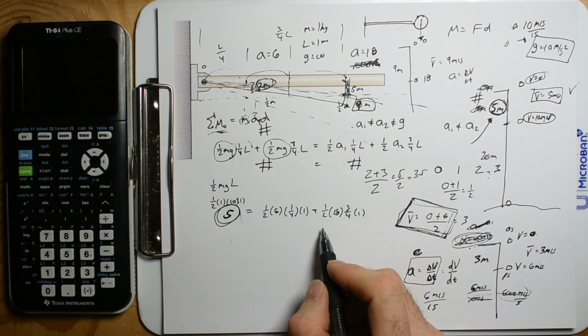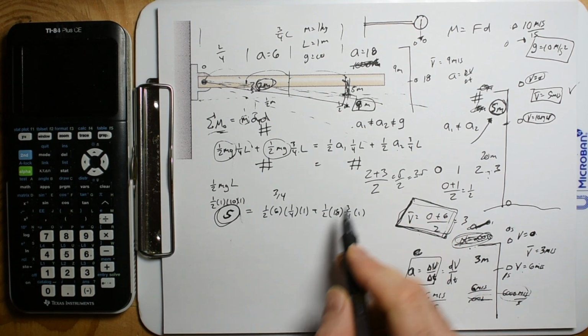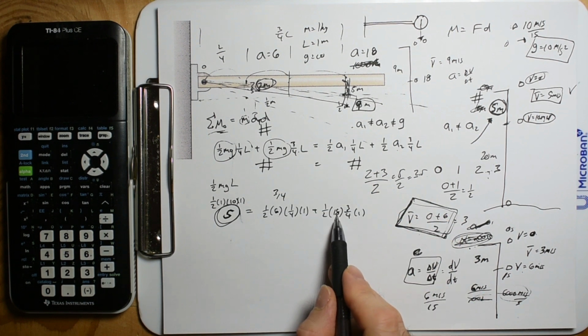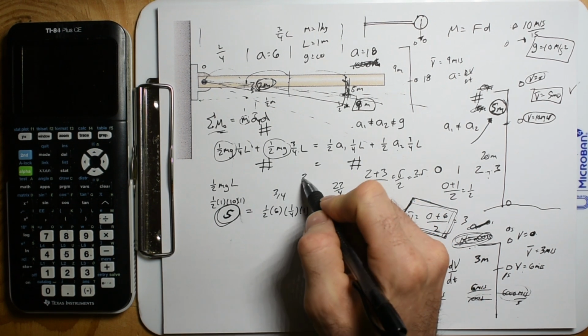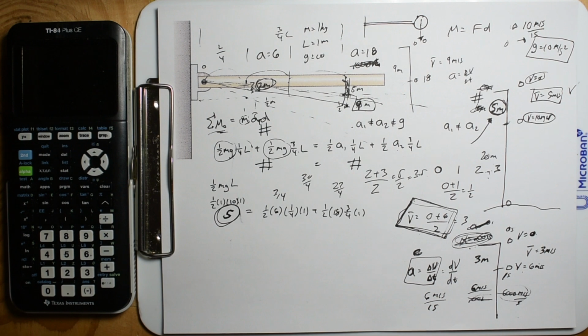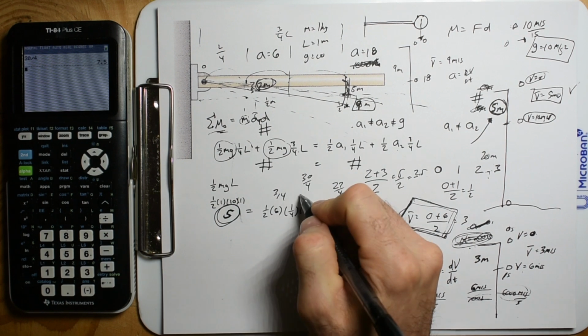Cool. So we're going to have 3 divided by 4, and then we're going to have 9 times 3, 27 divided by 4. So we're going to have 30/4. Okay, so 30/4, is that close to 5? 30 divided by 4. That's 7.5.